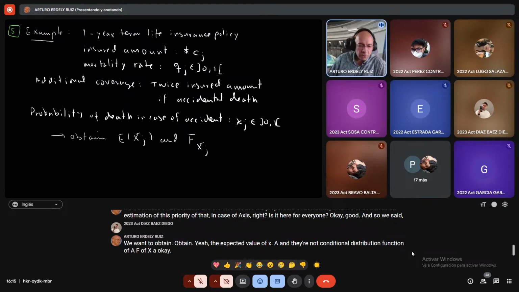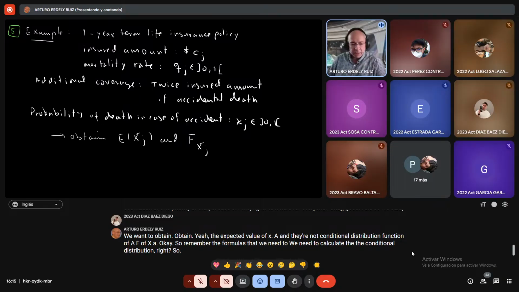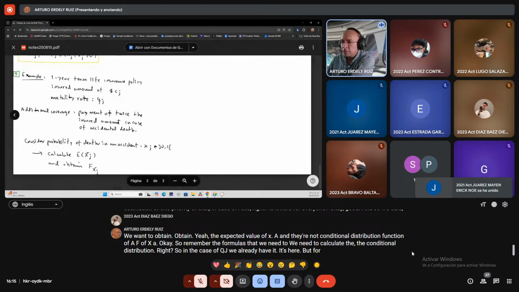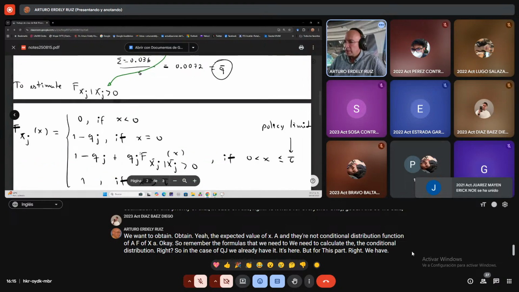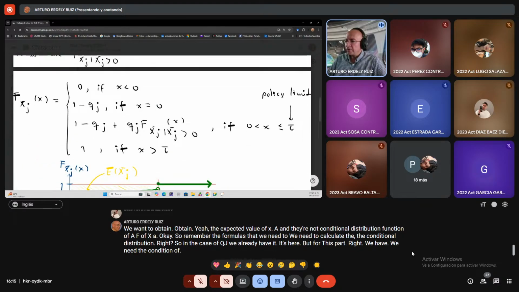Okay, so remember the formulas that we need to calculate the conditional distribution, right? So in the case of qj, we already have it. It's here, but for this part, right? We need the conditional distribution of xj given xj positive, right?